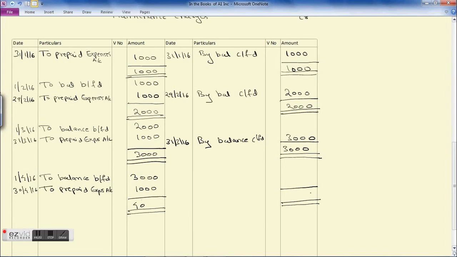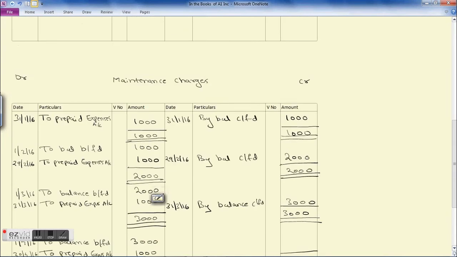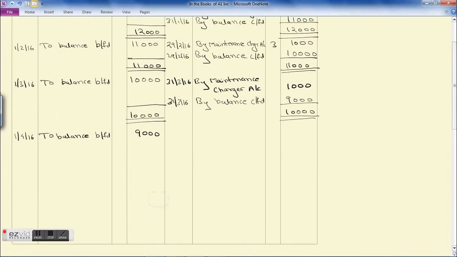Then total. First we'll give the second effect, then we'll see the total. Okay, prepaid expense on the credit side, 30th April 2016, by maintenance charges account 1,000.